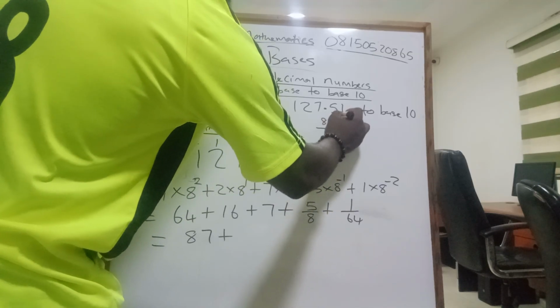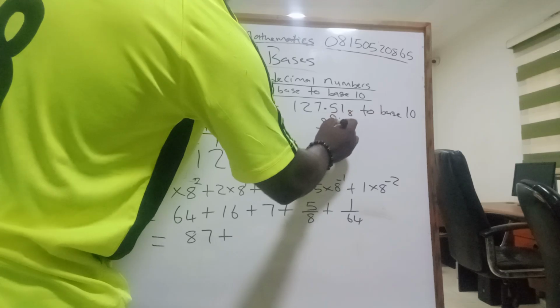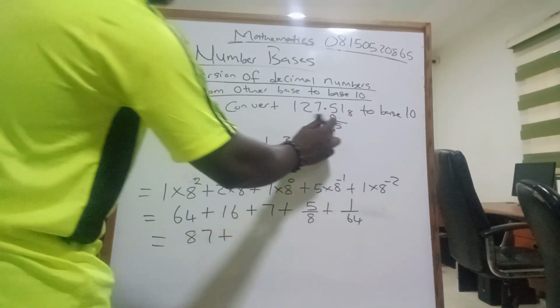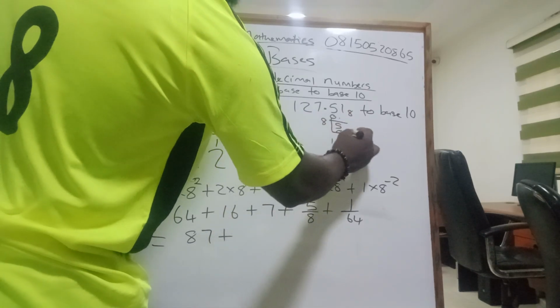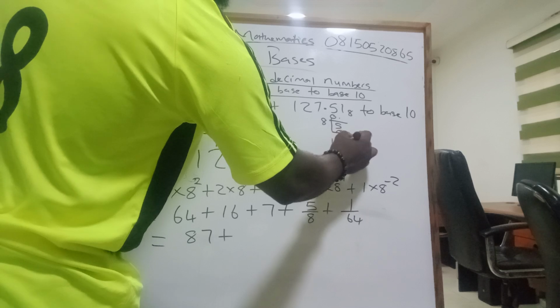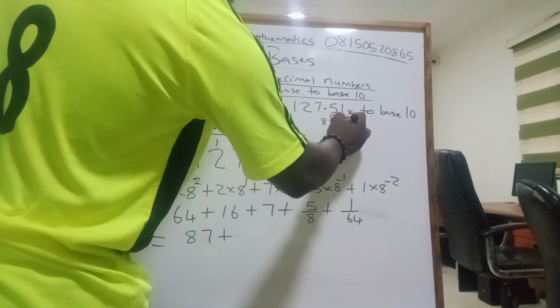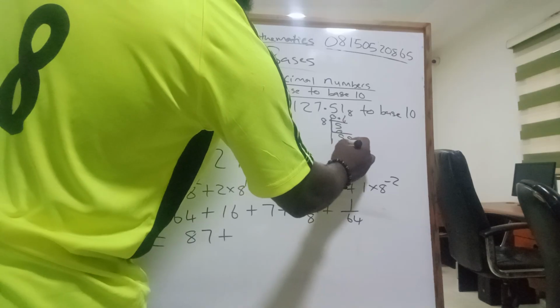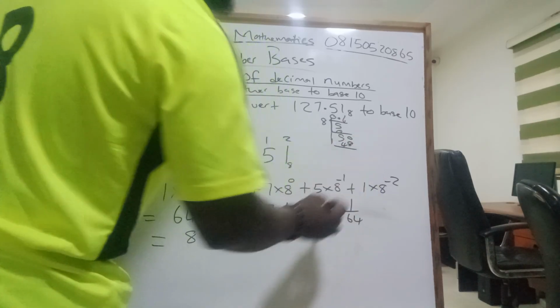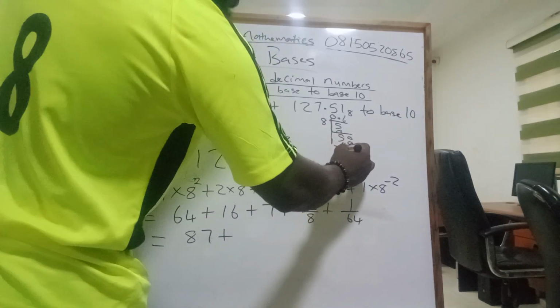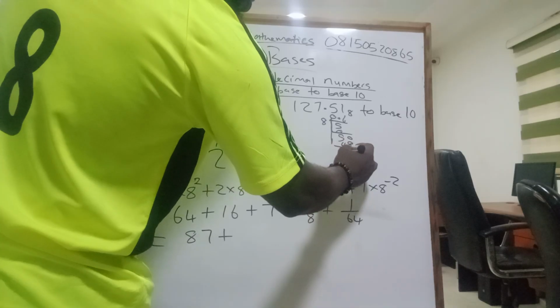So 8 in 5 is 0. 0 times 5 is 0. You subtract, you have 5. You add 0: 8 in 50. 8 times 6 is 48. You subtract, that will give us 2.